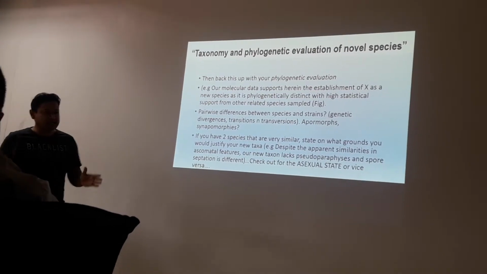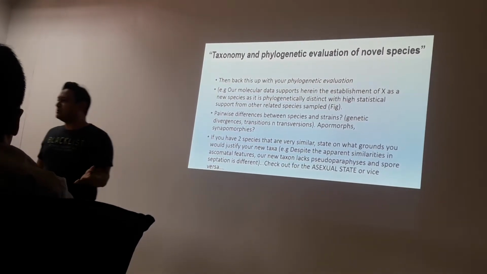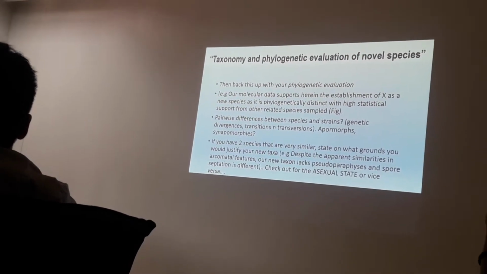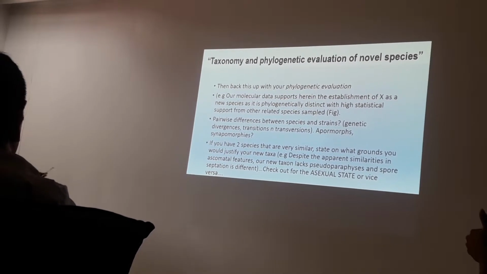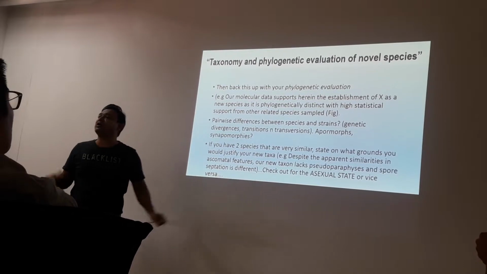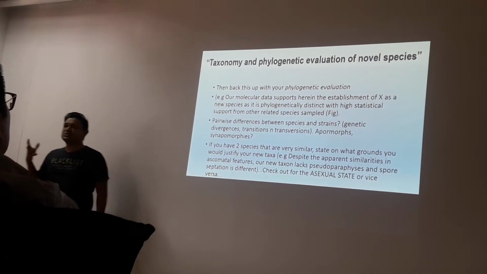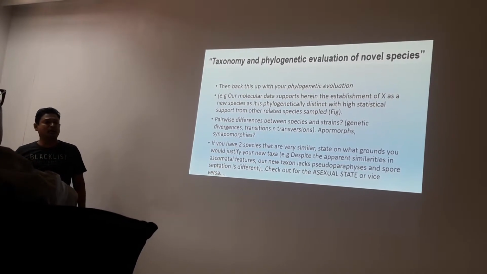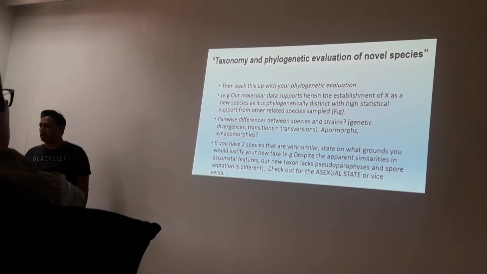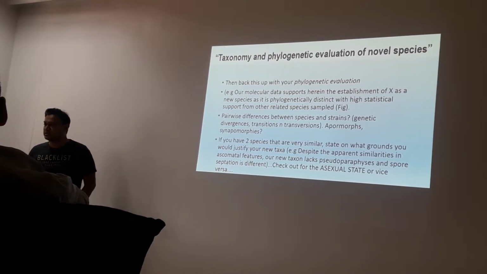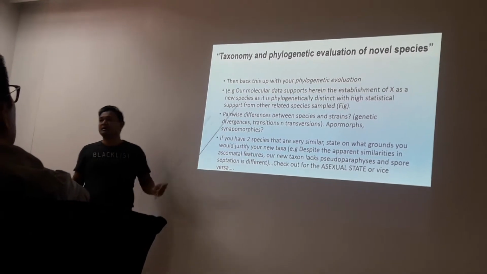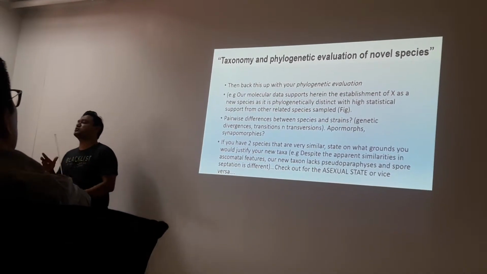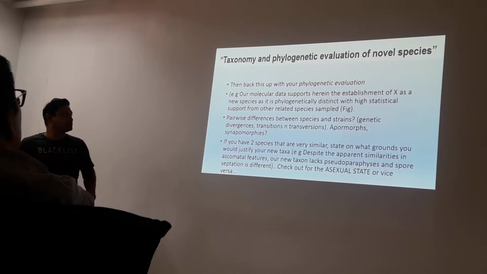Now we've talked a little bit about what? About our morphological characterization. And one of the reasons why we go ahead with our phylogeny is to support our morphological taxonomy to a certain extent and try to place our species in a natural framework.